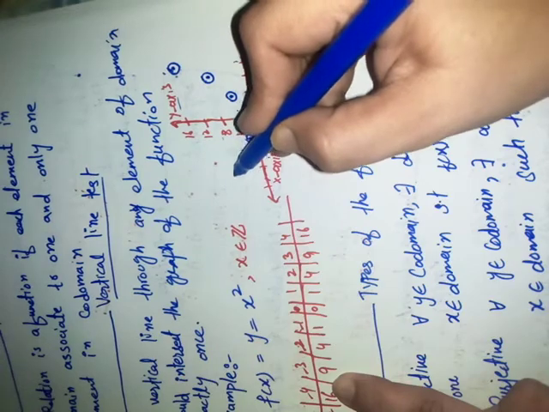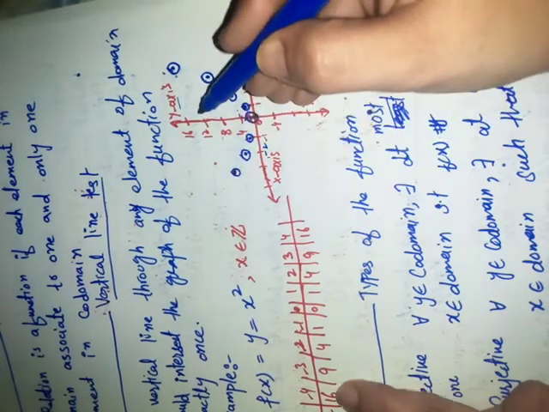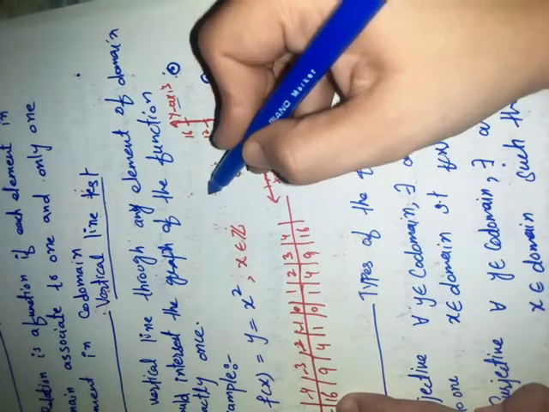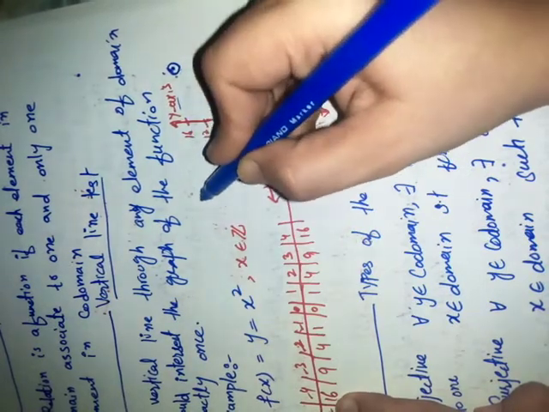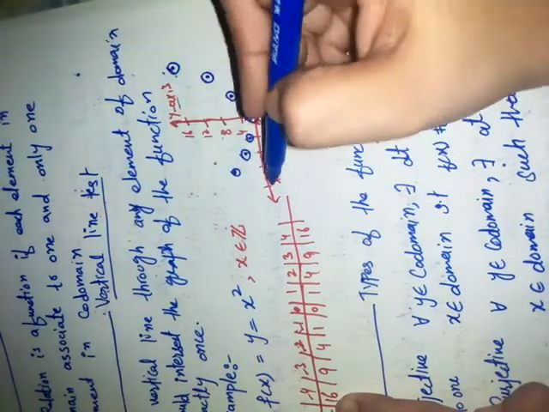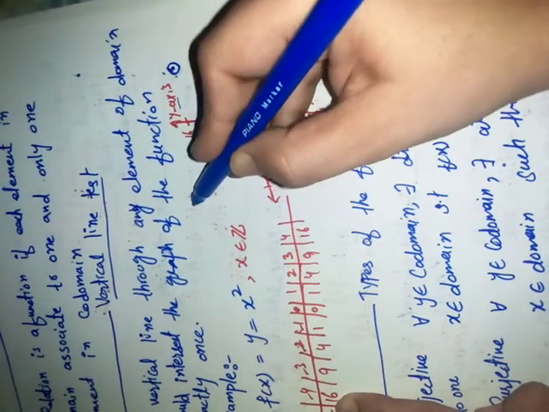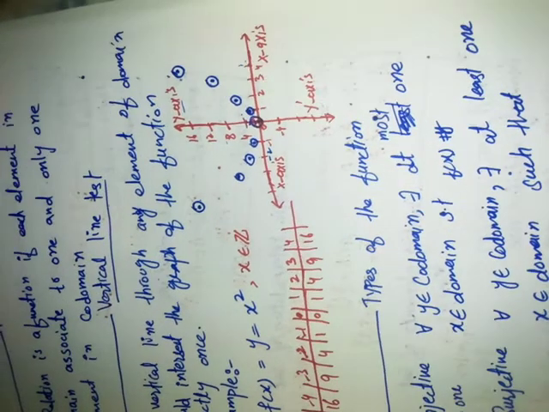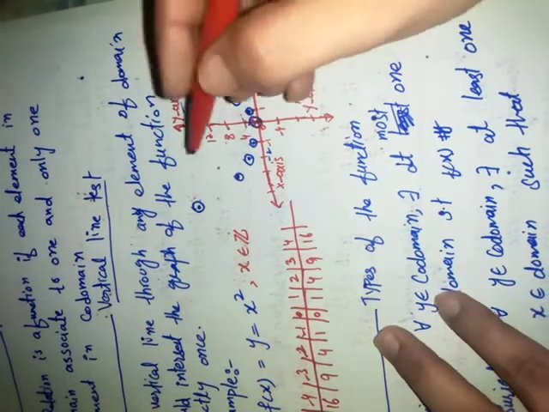If x is -4 and y is 16, then the point is here. You may join all these points and get the graph of y is equal to x square.